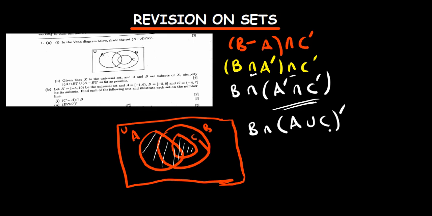Now there's a complement there. If it's complement, it means everything outside this region which we've shaded, but sits in the universal set. Everything that is not part of this shaded region is going to be the complement of A union C. So all this, let me shade it in yellow.